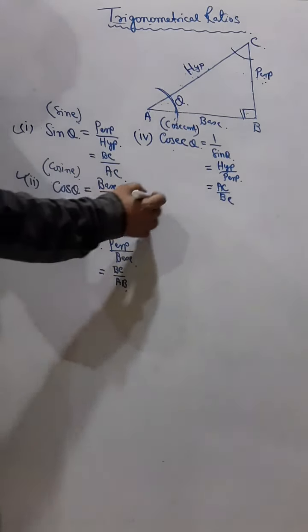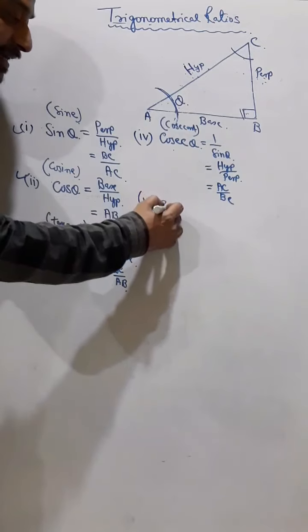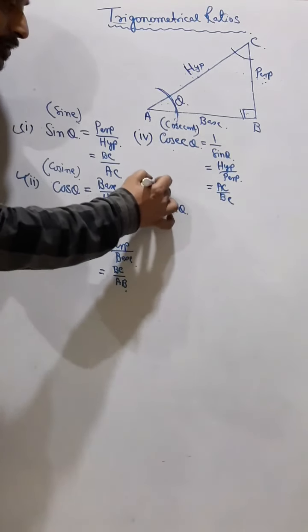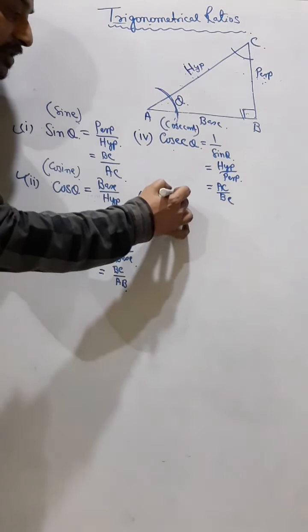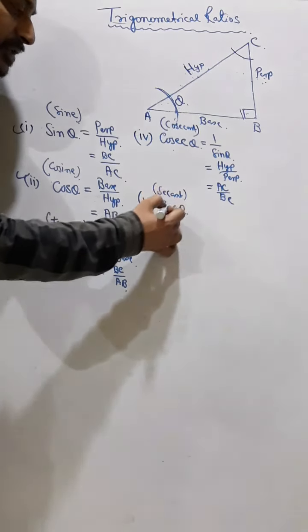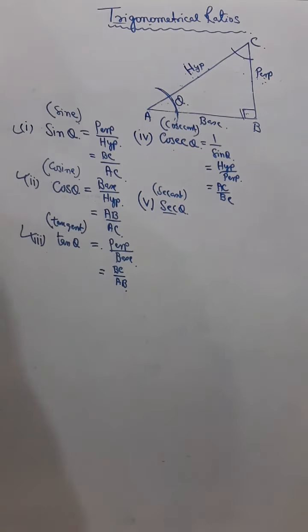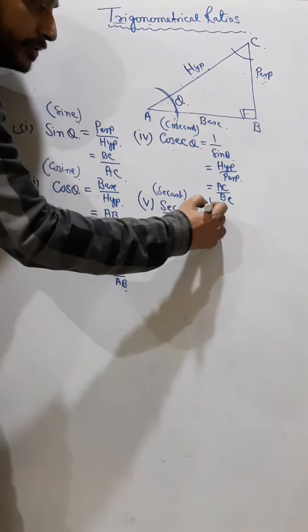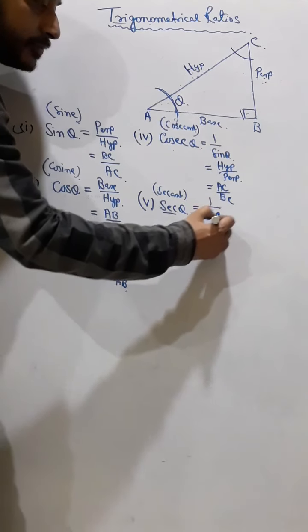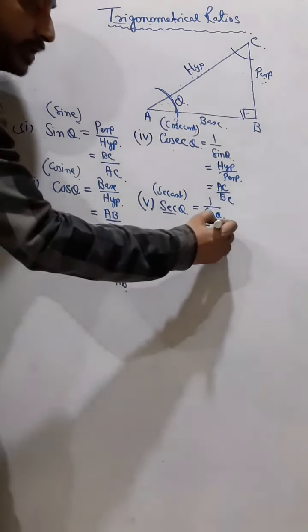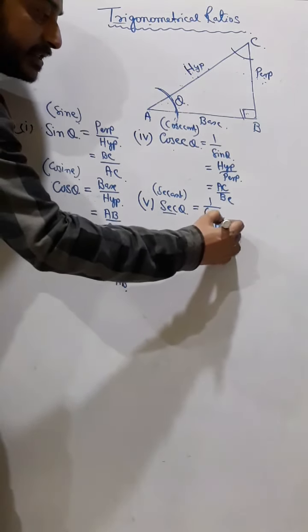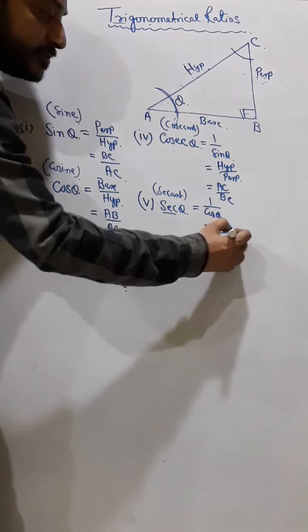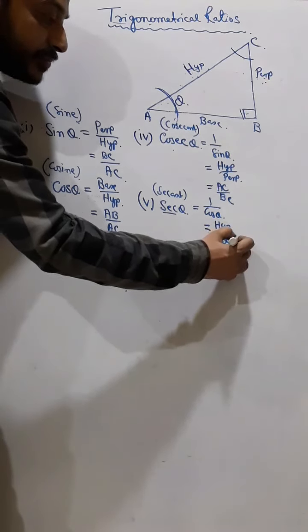Now the reciprocal of cos theta is sec theta. Again the full form is secant, but we generally write the short form, sec theta. So what is sec theta? Sec theta is the reciprocal of cos theta. So sec theta means hypotenuse by base.